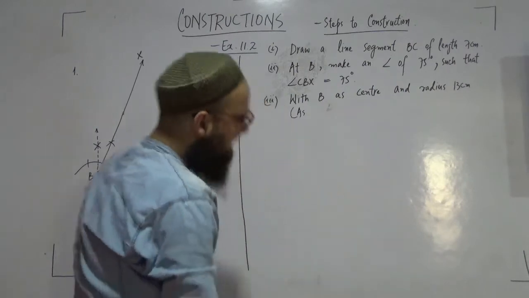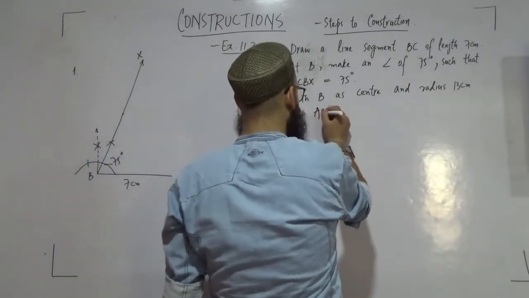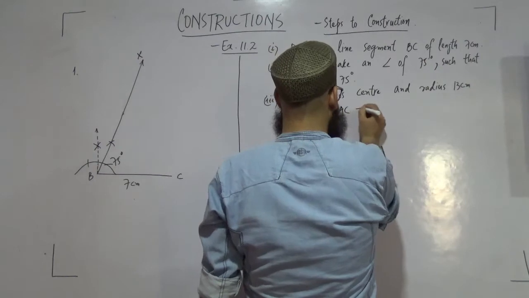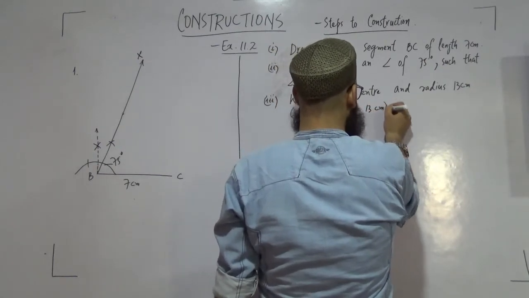As AB plus AC is equal to 13 centimeters.